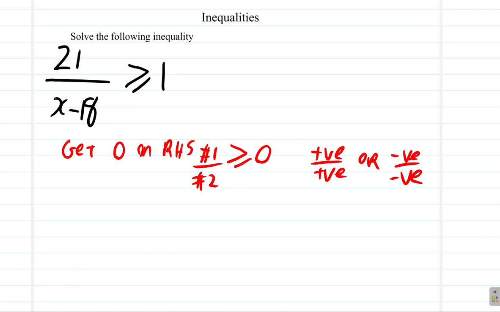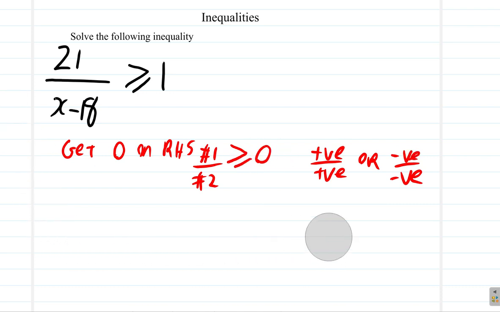Remember, a positive divided by a positive gives you a positive, and a positive number means it's greater than 0. A negative divided by a negative is also positive, which also will be greater than 0.